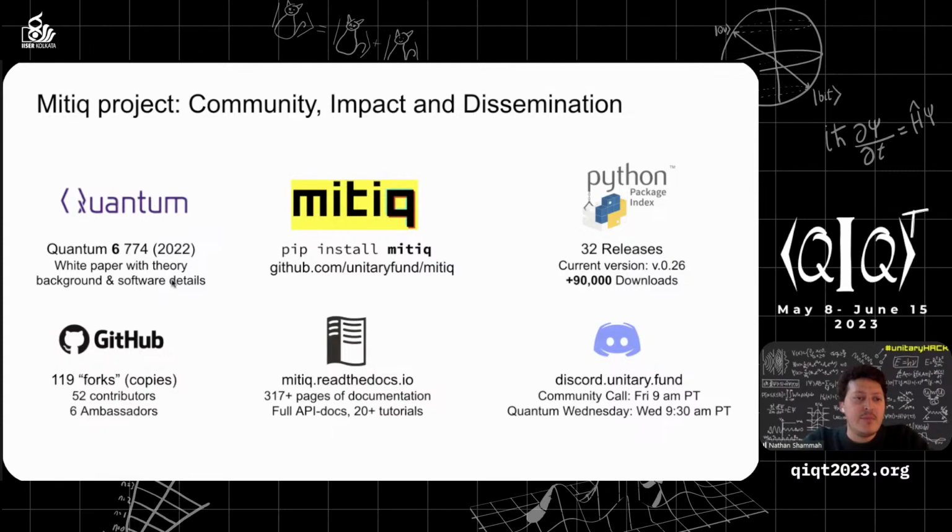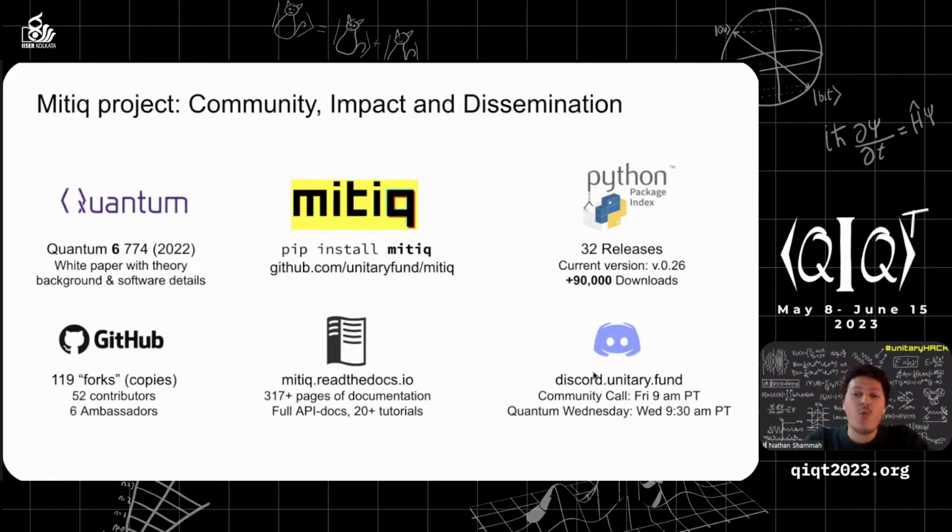There is a paper published in Quantum that contains all information about the background theory and details about the software implementation. I would especially like to point out that the documentation is really comprehensive. There are over 20 tutorials, a full API doc, and also a user guide that is helpful to explore the different techniques that are implemented in Mitiq.